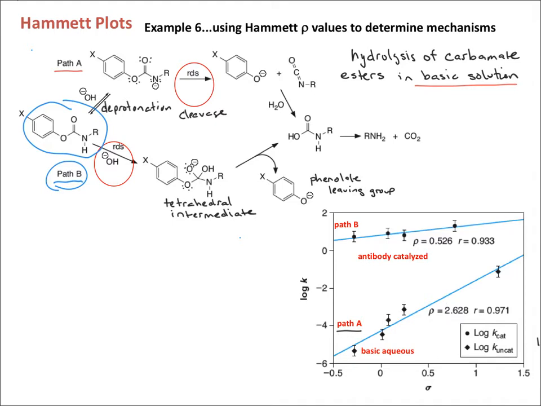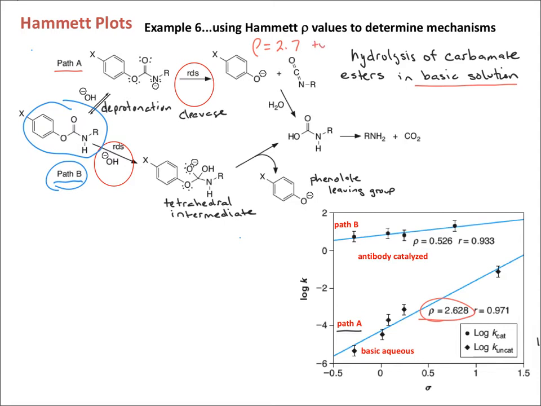The rate constant for the disappearance of the starting material was measured as a function of time with different substituents. In the first case, path A, a Hammett plot was developed, and the rho value for that Hammett plot was moderate, and it equaled 2.7.